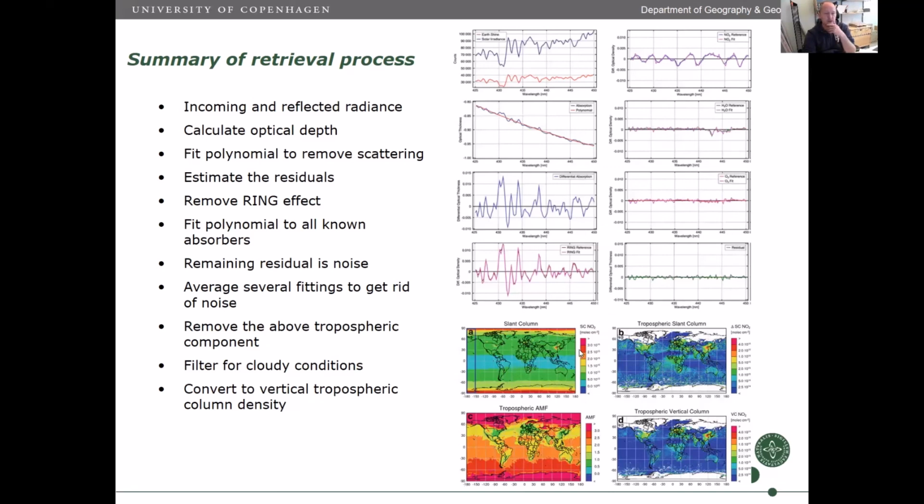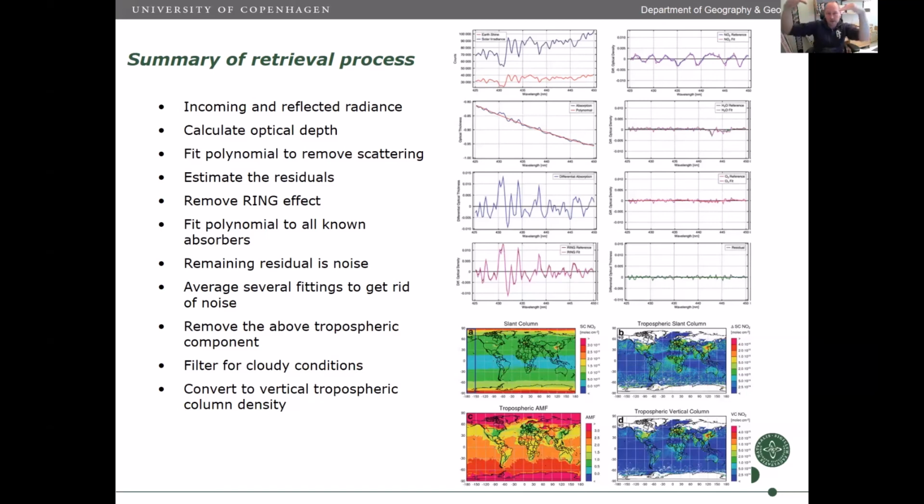Next, we need to remove the impact of the concentration in the stratosphere. So we take measurements from the Pacific Ocean and remove them from the rest of the world, which will give us the concentrations in only the troposphere. However, we still have the problem with measurements depending on the geometry of the sun and the satellite sensor.